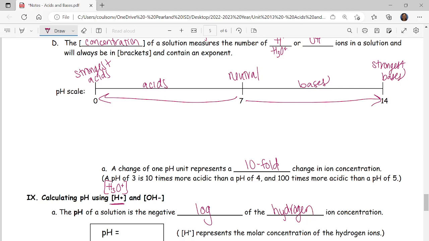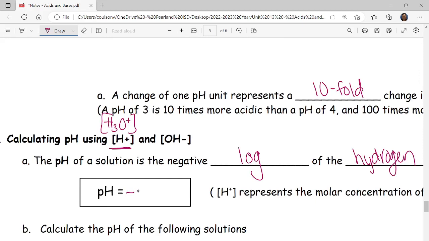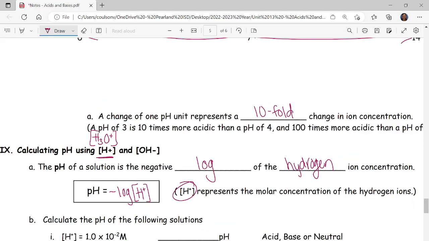If we put this into an equation, you need to know this equation and how to use it. It's going to be pH = negative log of the hydrogen ion concentration, where this represents the molar concentration of hydrogen ions.